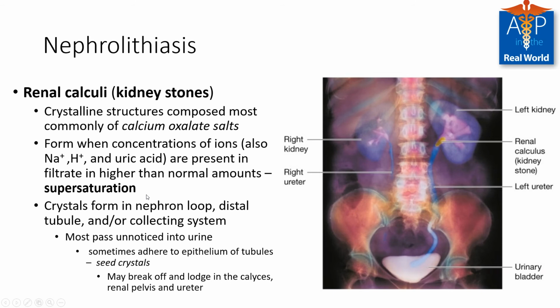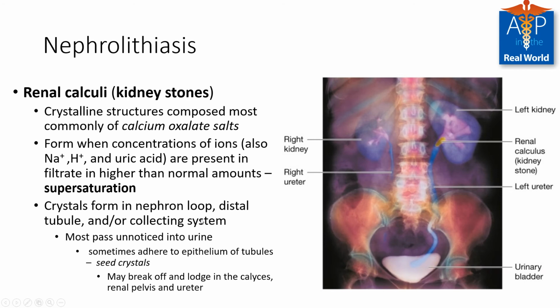And so what happens with these crystals, they usually form in the nephron loops and also the distal tubules, because this is where you start to see the main concentration of the filtrate happen, and also the collecting system. Of course, most of these crystals do pass, but they can adhere to the epithelium of these tubules.